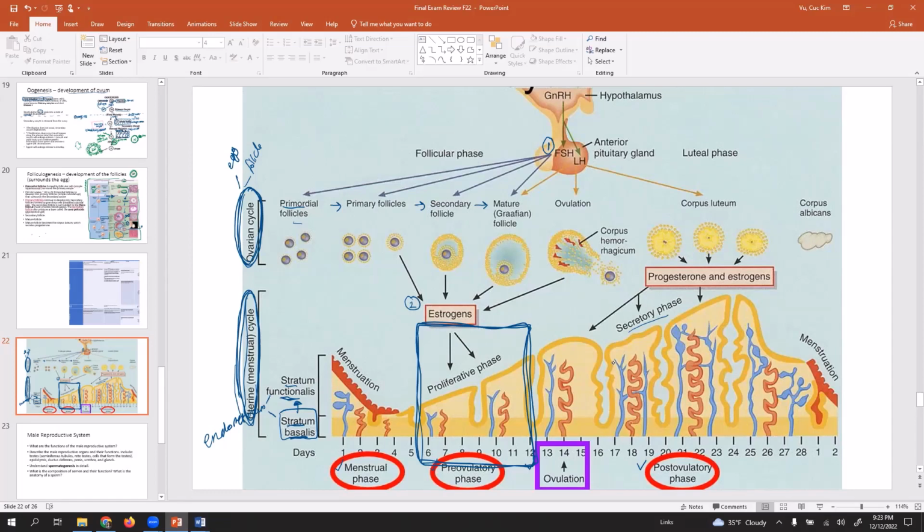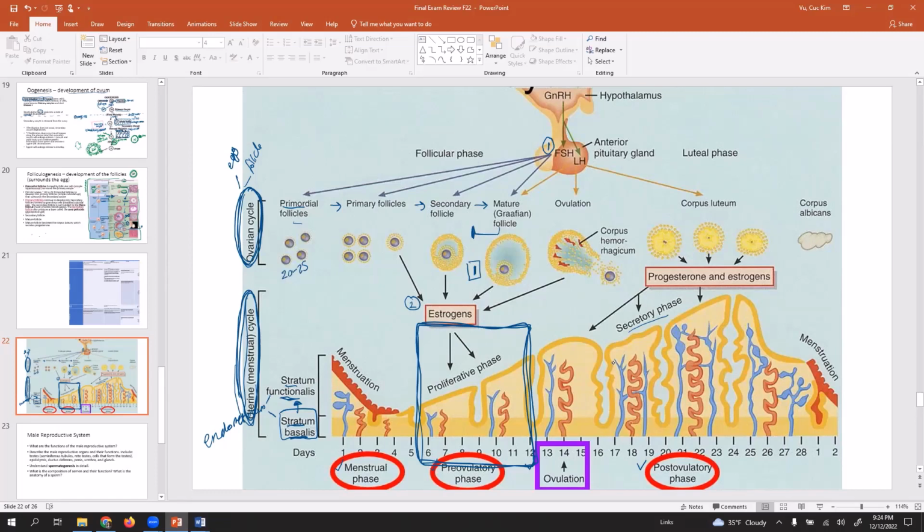So the FSH is going to continue the follicle to develop. And when the follicle develops, it's going to actually cause the other follicles to stop developing. So that's why, although there's about 20 to 25 that go through this process, only one becomes a mature follicle because it stops the others from developing.